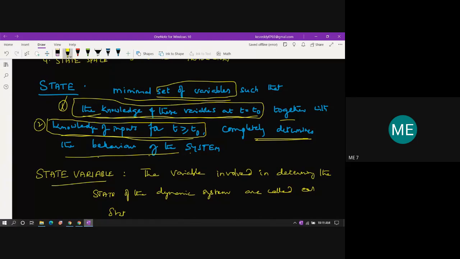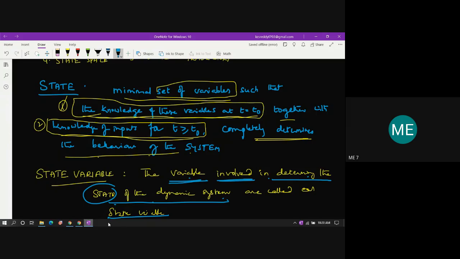So it is very clear: the variables which are involved in determining the state of the dynamic system are called state variables.